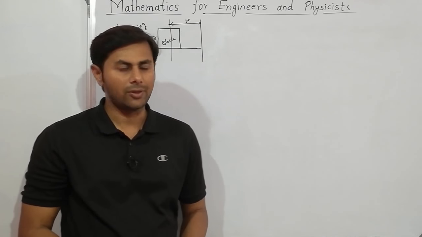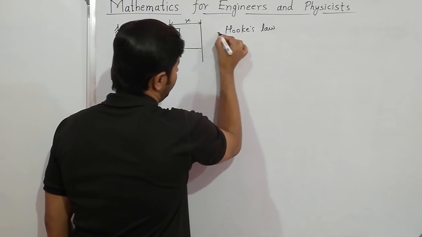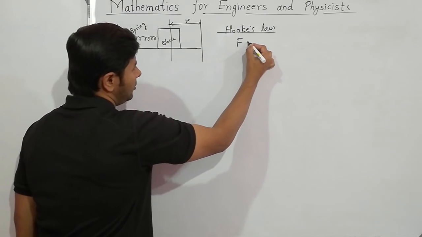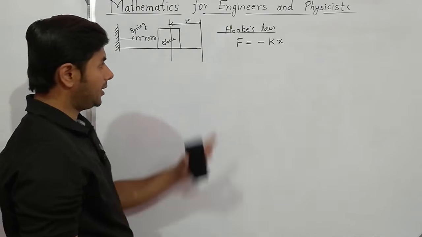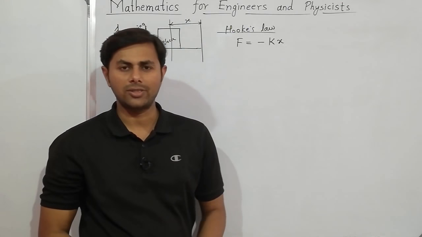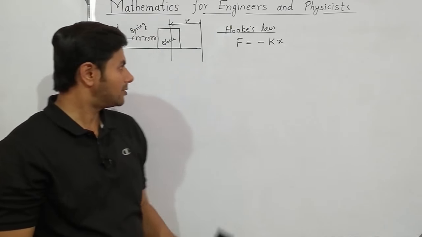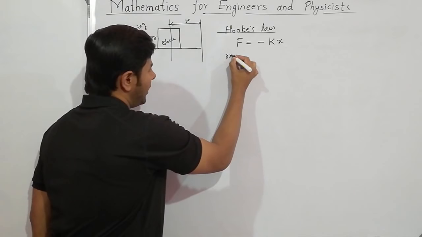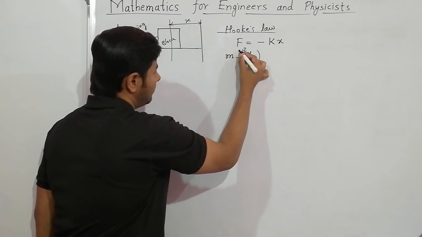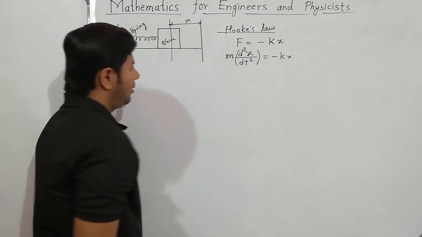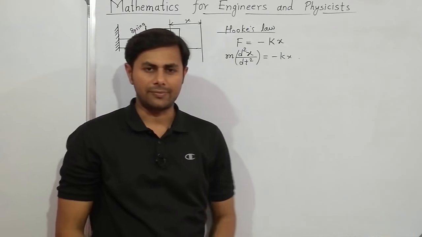It is given by Hooke's law. Hooke's law says the restoring force is equal to minus K into X. K is the constant, we call it the spring constant, and we can write force by using Newton's law as mass into acceleration. So it is m into acceleration, which is d2x over dt square. So now, as you can see, this is a second order differential equation.